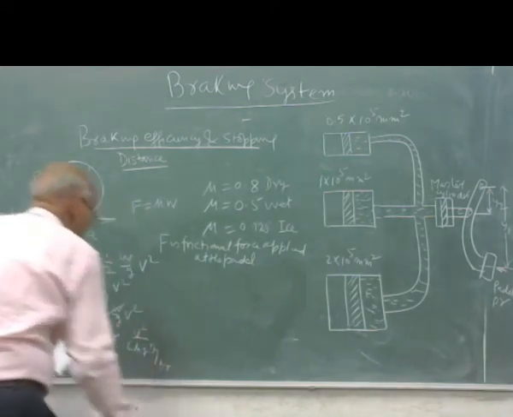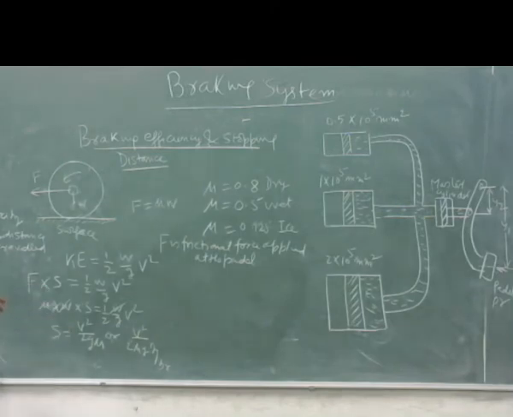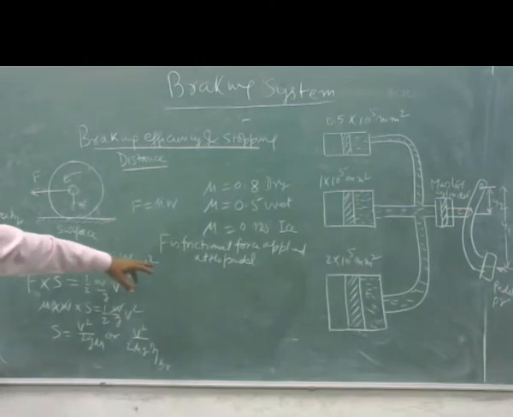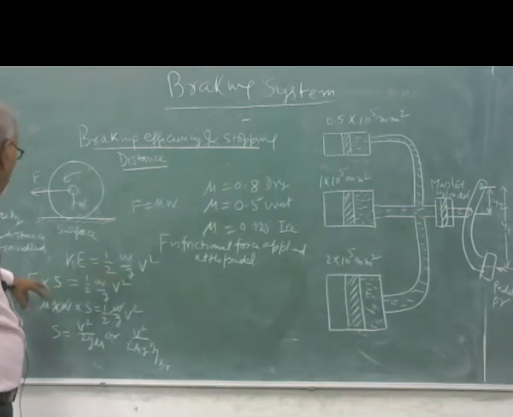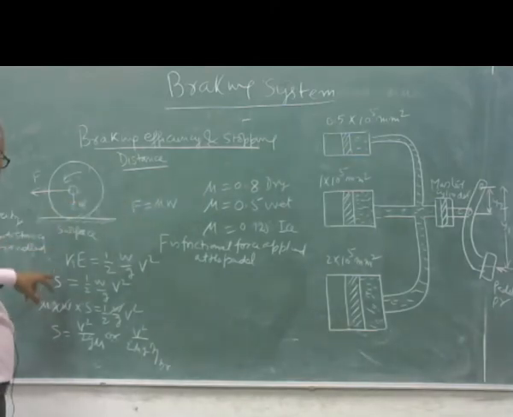Or if the efficiency of braking is known, then it will be V square upon 2 mu G into braking efficiency. So the distance traveled by the wheel when the braking force is applied, the kinetic energy half mv square, you know it very well, is equal to the force applied times the distance traveled.